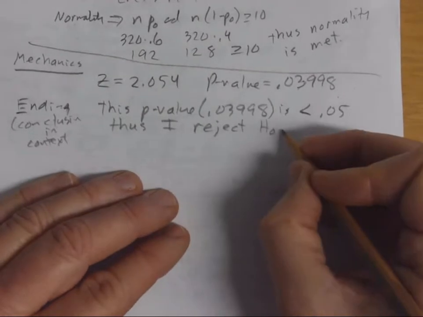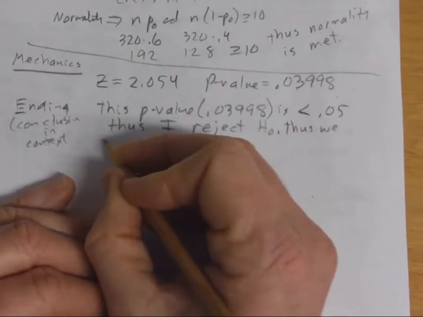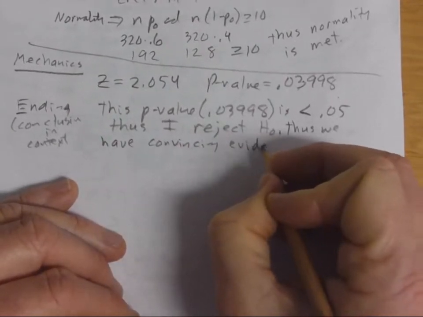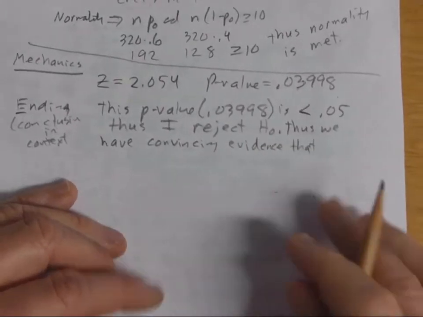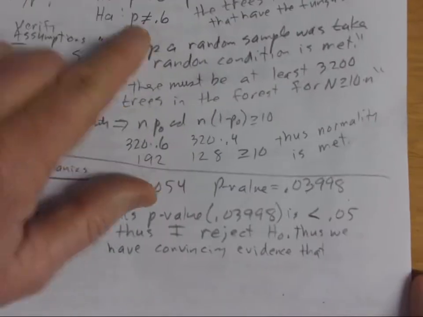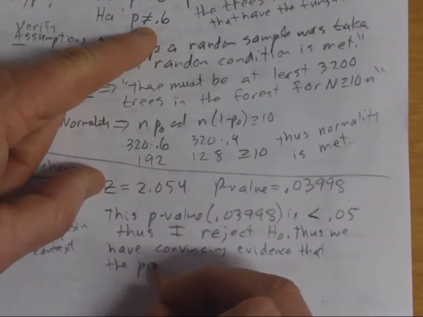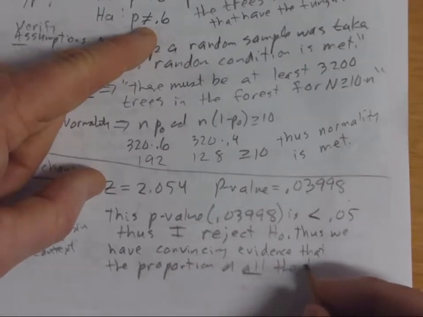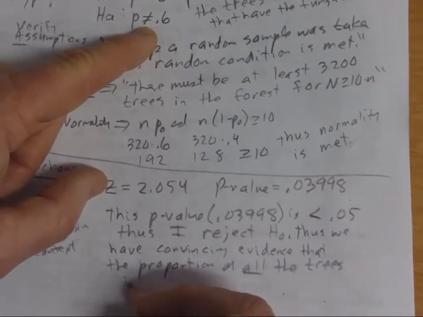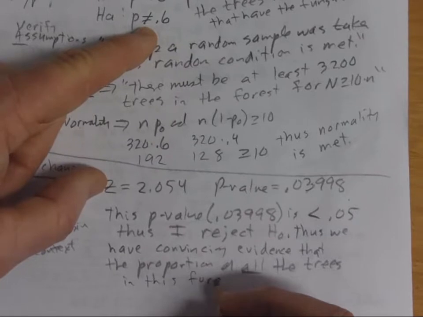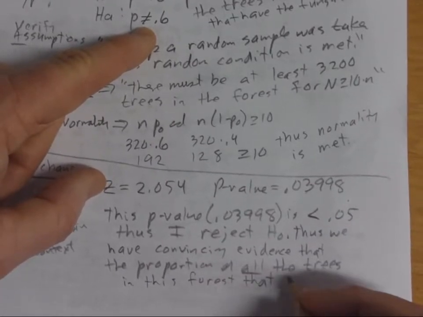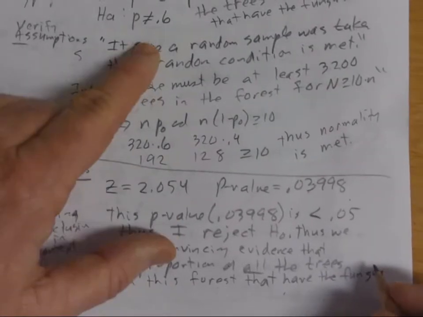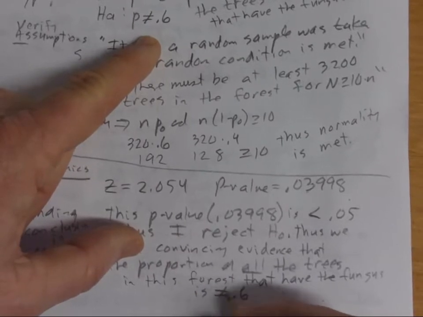So, this p-value is less than alpha, thus I reject the null, thus we have convincing evidence, and you restate the alternative in context, that the proportion of all the trees in this forest that have the fungus is not equal to 0.6.